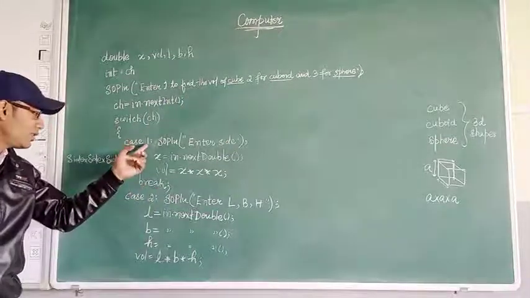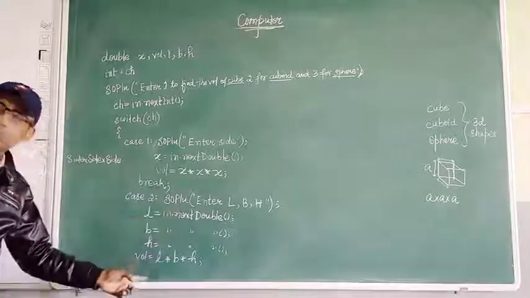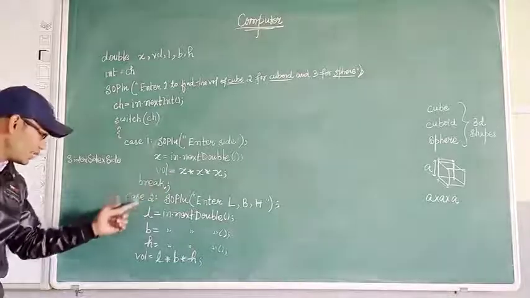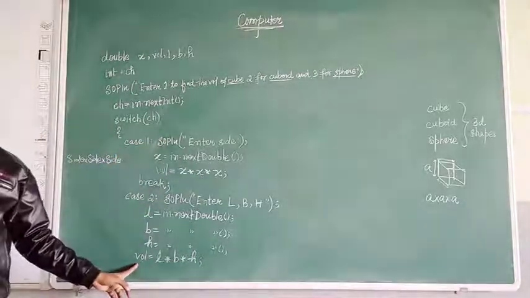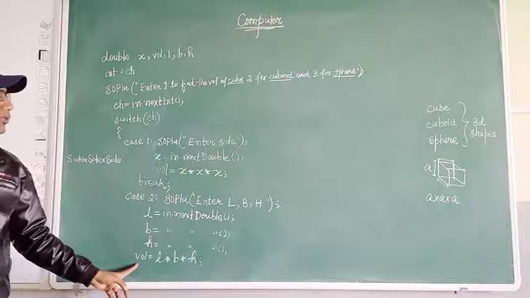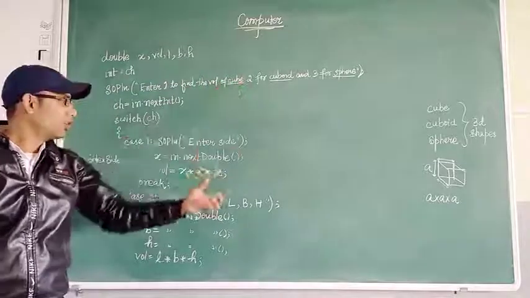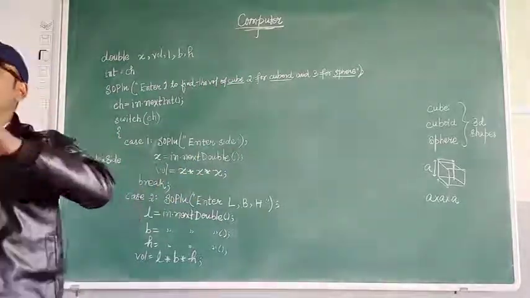As soon as this executes, break is there, so the other part will not execute. So VOL is only used once, and we do not need vol 1, vol 2, vol 3 to hold the volume. Understood? A single variable can do the task.